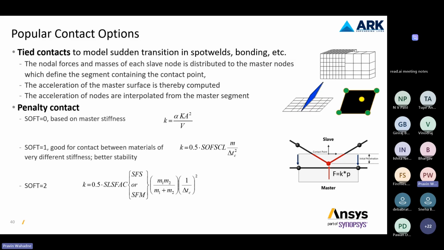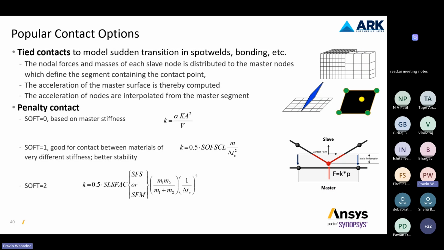If, for example, one component is rubber and the other is steel, you can use soft one. Soft two mainly depends upon the stiffness again, where the SFS or SFN, that is the scale factor for slave surface, is considered in the simulations.